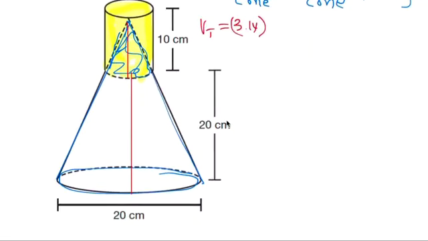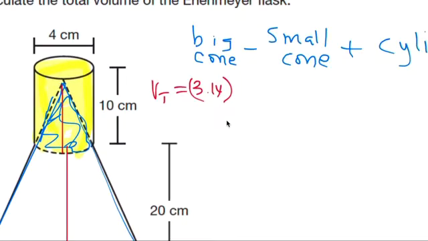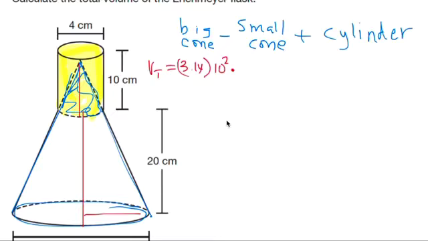Radius is 10 because it's 20 in diameter. 10 squared times the height, which is the 20 plus the 10, which is 30. Okay, and then minus the small cone. We divide that by 3. Don't forget to divide by 3.